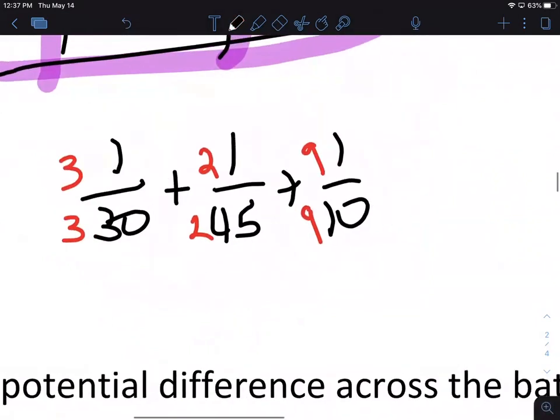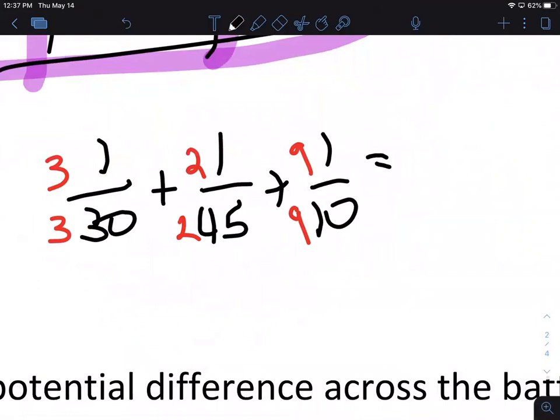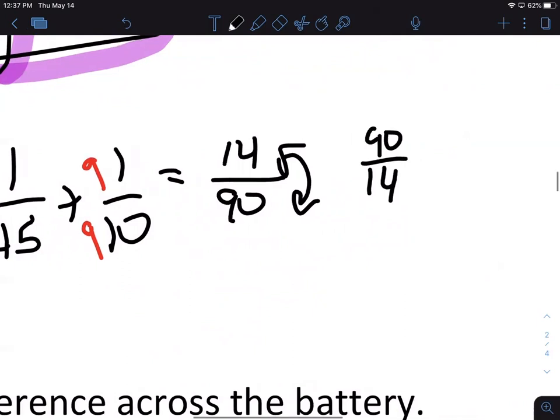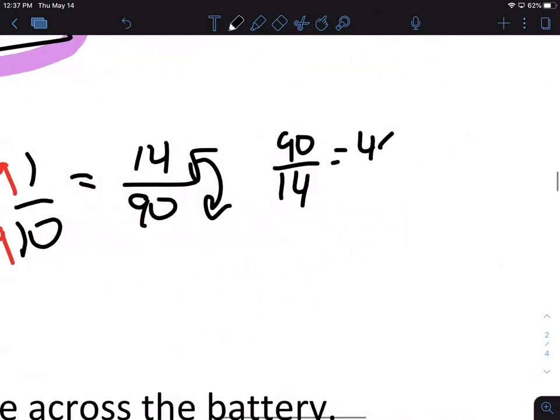So that's 3 plus 2 plus 9 is 14 over 90. Then we need to flip it. So 90 over 14 is my equivalent resistor there. That's 45 over 7. That's not a pretty number. So we might as well get it in a decimal now while we're here. 6.43 ohms.